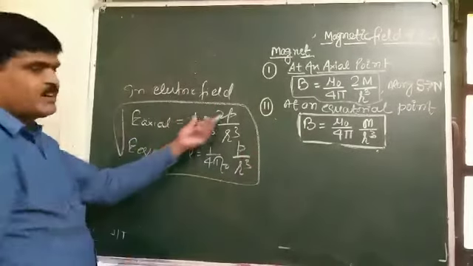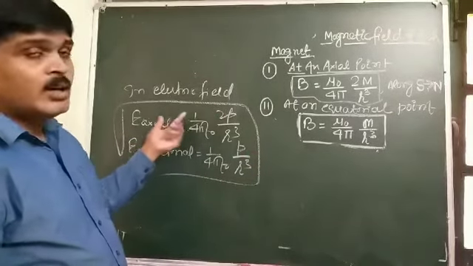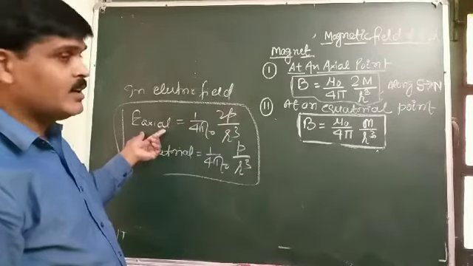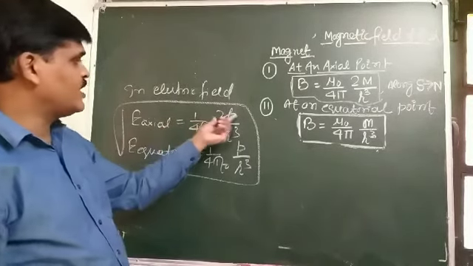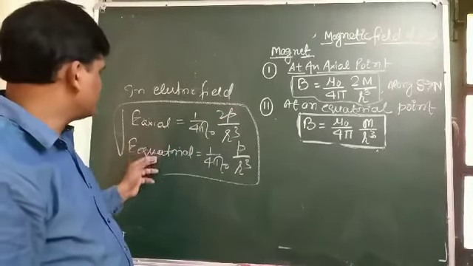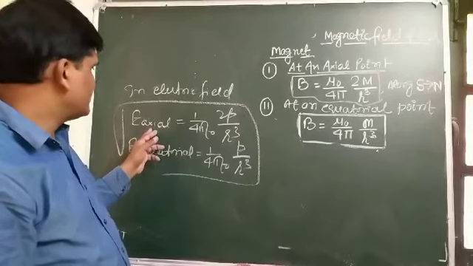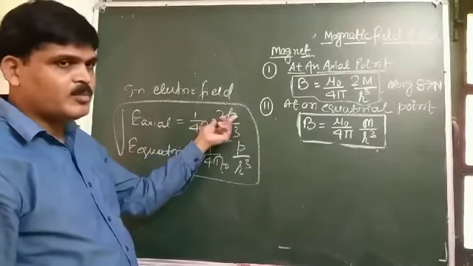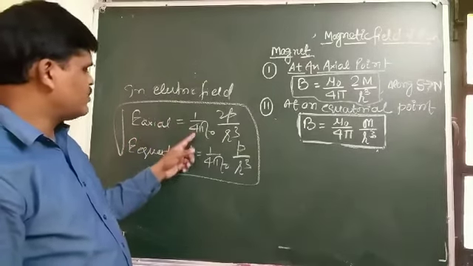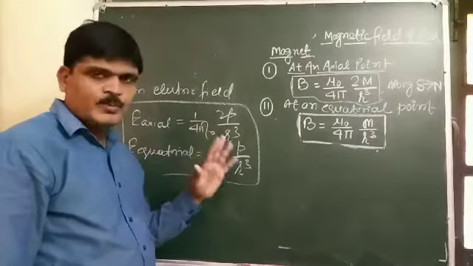So when we have to find the intensity of electric field due to an electric dipole in axial position, I have already derived this formula. E axial, the electric field due to an electric dipole at the axial point, is 1 upon 4 pi epsilon 0 into 2p by r cube.